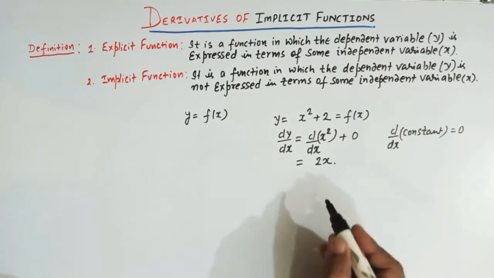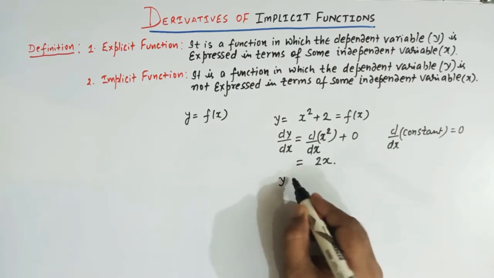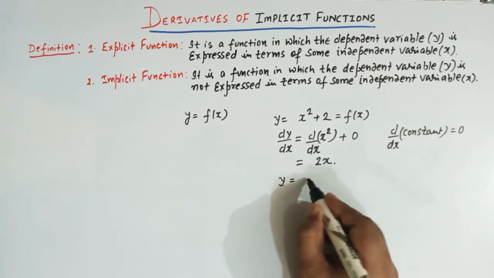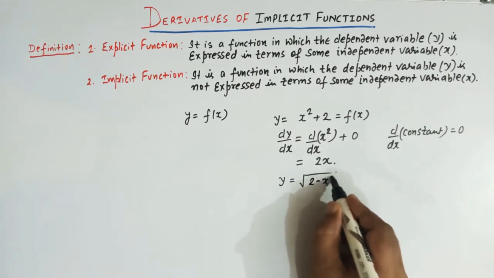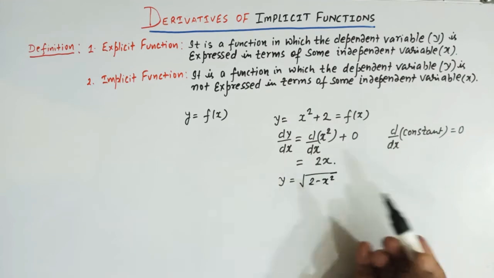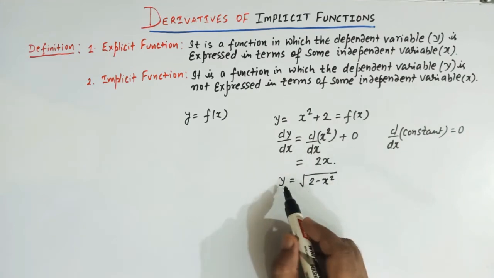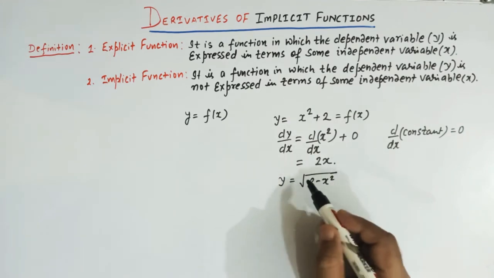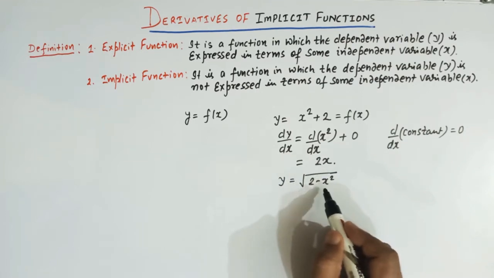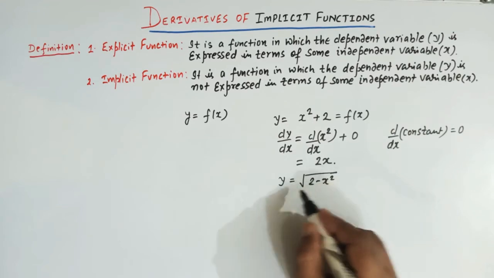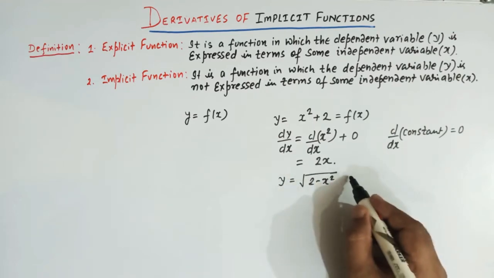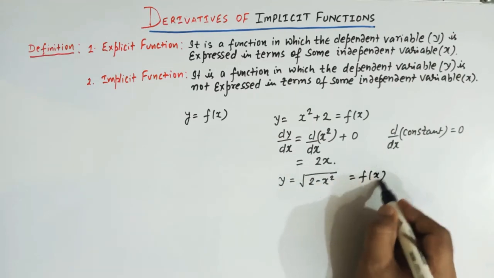Now similarly, if we have a function, say y is equal to square root of 2 minus x square, then here y is expressed explicitly in terms of x. So this form of the function is of the form y is equal to f(x).